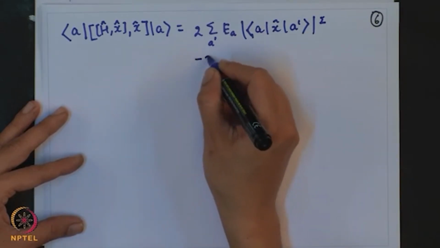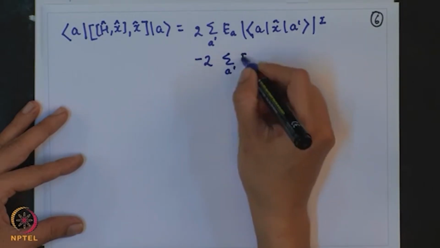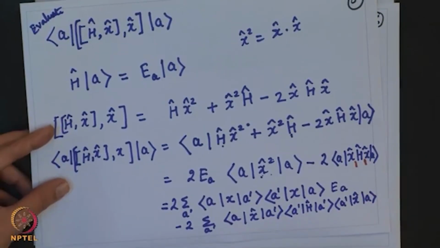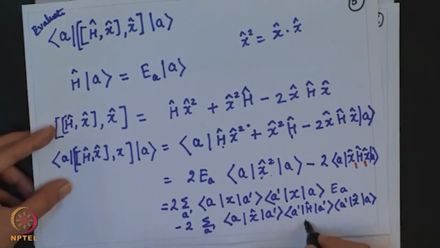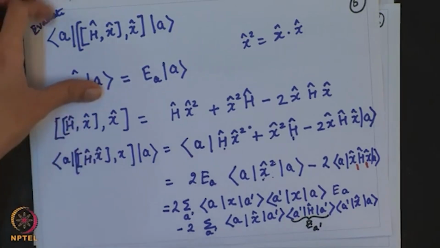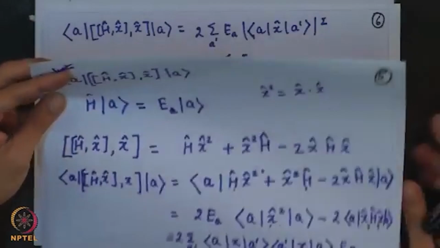The second term is 2 summation over A', E_A'. Again, this would give me E_A' for this term. So I am writing for this term, and these two terms I write as a square.